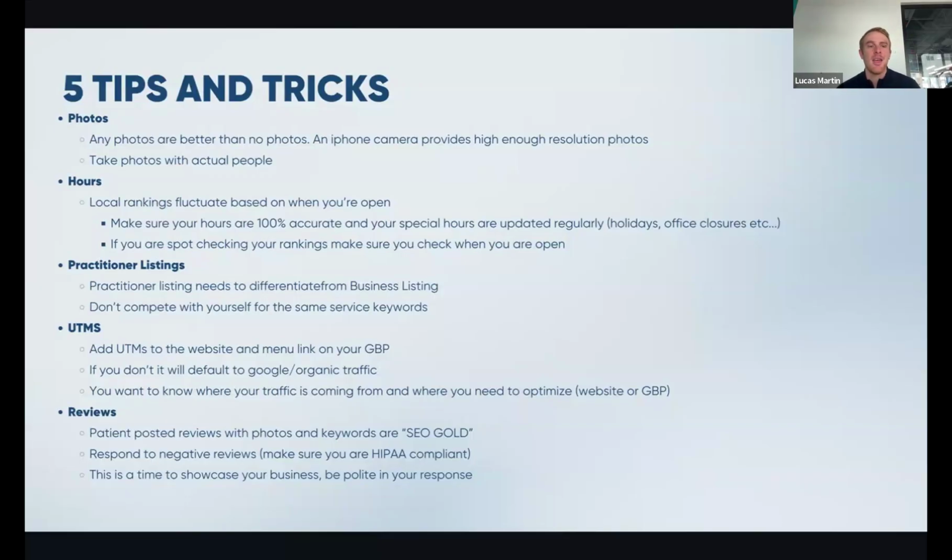Just make sure you're not competing for the same keywords, because you want to be helping yourself and not competing against yourself. Number 4, UTMs, or as they actually are stated, Urchin Tracking Module. What are these? I talked about these when I was walking through the Google Business Profile. These are really important to have on your links within your GBP.